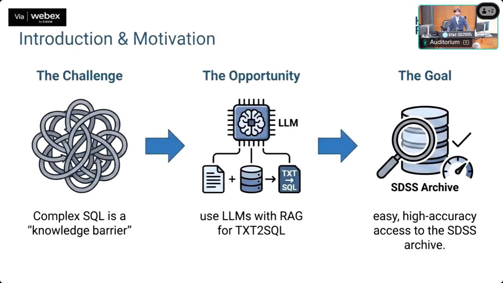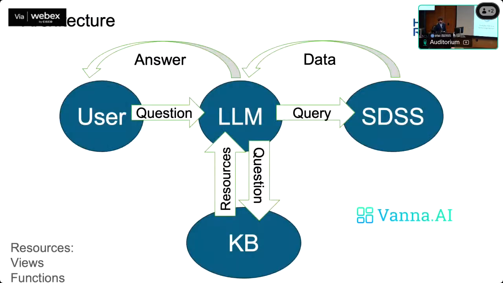What I wanted to do is use a RAG solution to supercharge an LLM so it can query this database efficiently, and we can somehow democratize access to the database. My architecture is very simple. The user just asks a question of the LLM, which also receives information from the knowledge base.